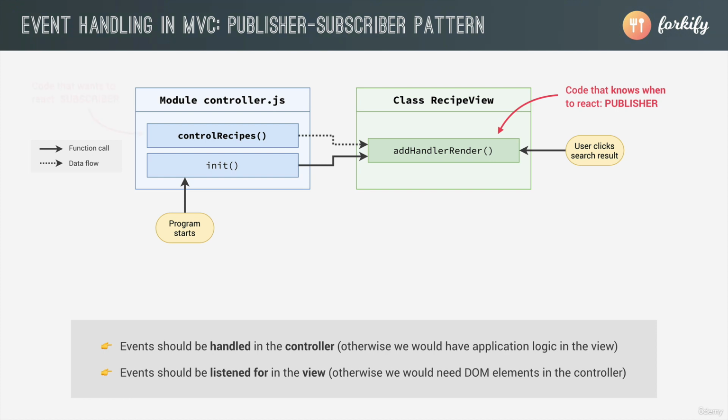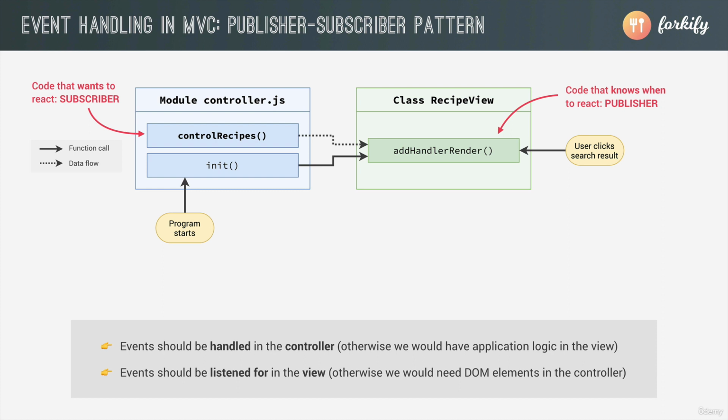Now, on the other hand, we have a subscriber, which is code that actually wants to react. So this is the code that should actually be executed when the event happens. And in this case, that is the control recipes function that we already have in our controller. And remember that the publisher does not know yet that the subscriber even exists, because that subscriber is in the controller that the view cannot access.